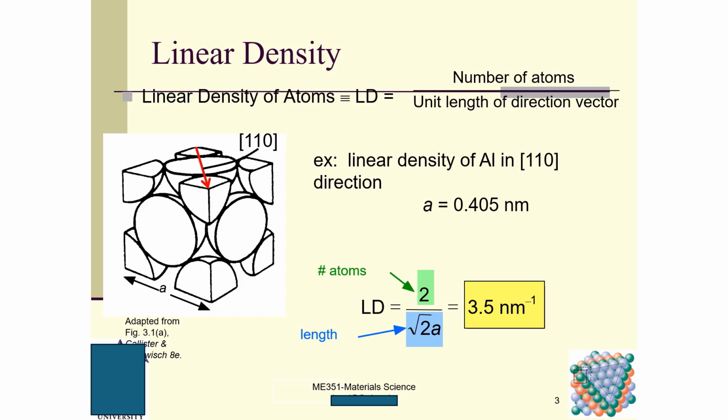We know that here is a, so the length is square root 2 multiplied by a, right? Because it is a cube, and this is a square. For the square, we have four 90-degree corners, and as a result, the diagonal line equals square root 2 multiplied by the length of the side. This is based upon the Pythagorean theorem.